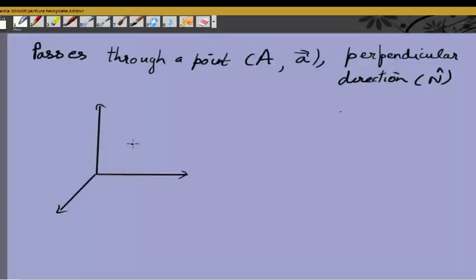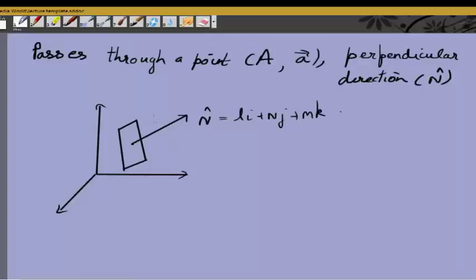So let's say we know the plane passes through this point, and this is the perpendicular direction, let's say n cap. Let's say this is given to us to be li plus mj plus nk.